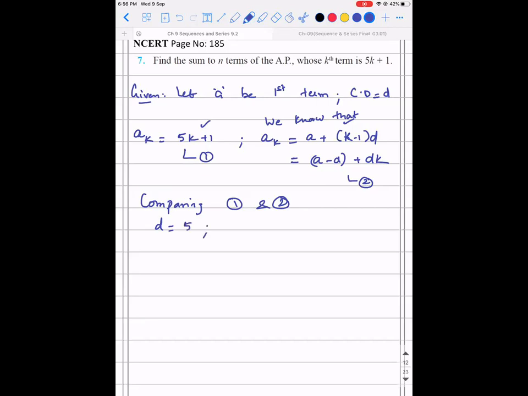Okay. d is equal to 5. It is 5k, not minus. d is equal to 5 and a minus d is 1, which implies a minus 5 is 1, a will be 6. So the first term is 6 and the common difference is 5. They are asking the sum of n terms. Sn will be equal to n by 2 into 2a plus n minus 1 into d. d is how much? 5.